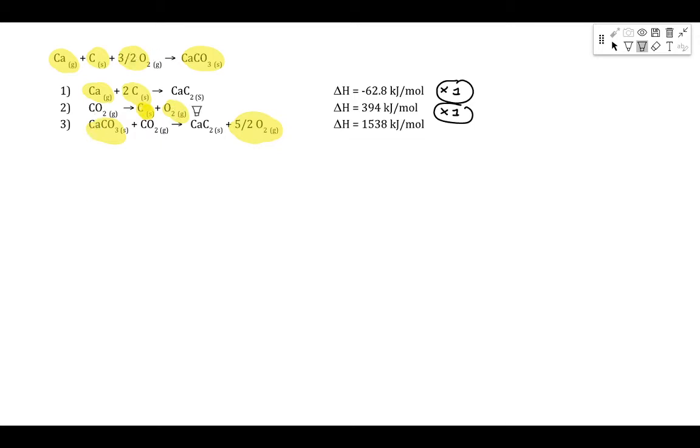So looking at these two, ignoring the coefficients for now, it would benefit me if I flip this over so that I can get the CaCO3 on the same side as well as the O2 on the same side, right? So what I think I'm going to do is multiply this by -1. That just means that I'm going to flip that reaction, right?